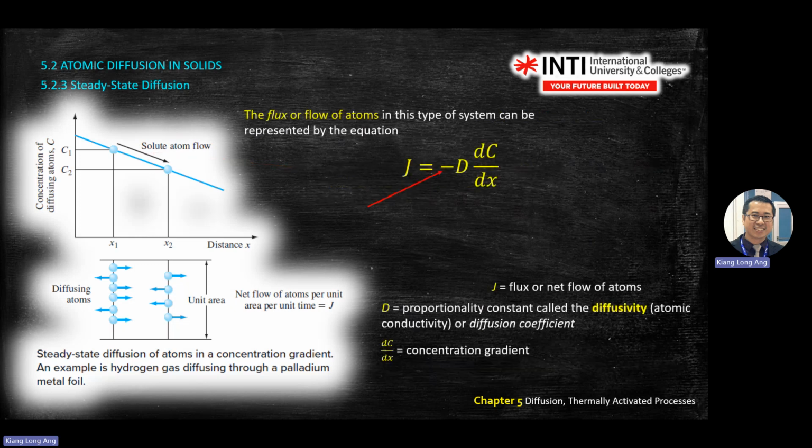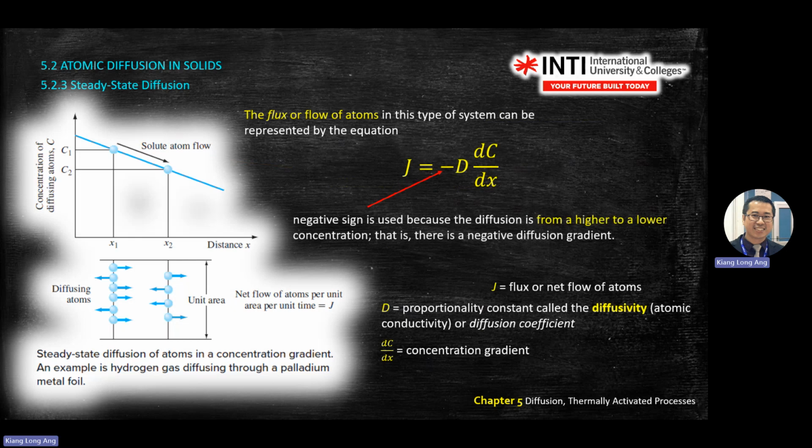Now to give you the third equation for today, it's called flux, or flow of atoms. J equals minus D dc over dx. dc over dx is the rate of change of concentration with respect to direction. It is actually from the C versus X graph, the gradient of the graph.